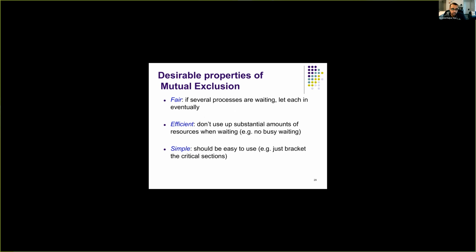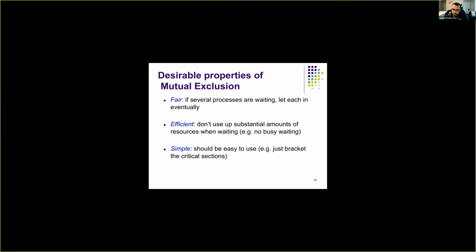As I mentioned before, mutual exclusion is a mechanism provided by the operating system to ensure that only one process can be executing a certain set of instructions. Such a mechanism should be fair.